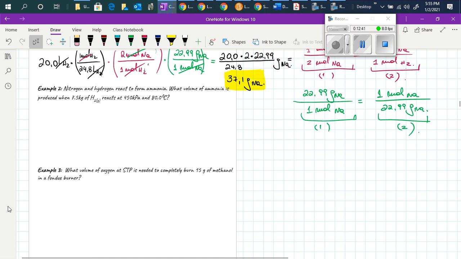Now, next question is nitrogen and hydrogen reacts to form ammonia. What volume of ammonia is produced when 7.5 kilograms of hydrogen reacts at 450 kilopascal at 80 degrees Celsius?